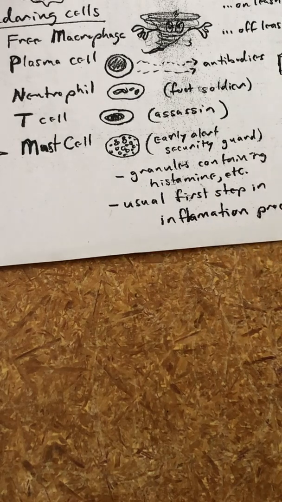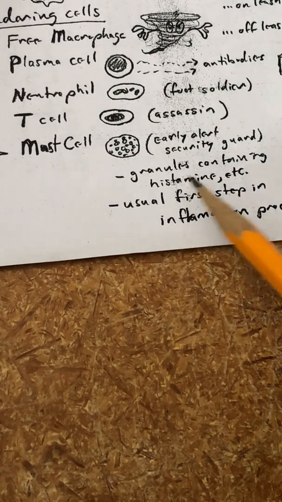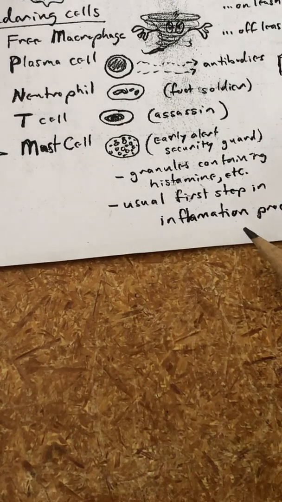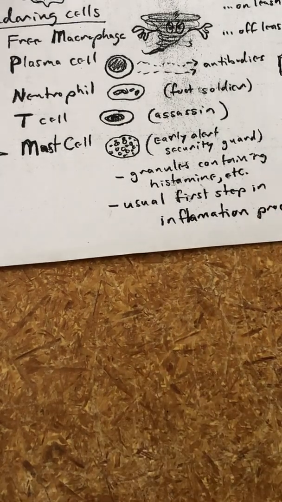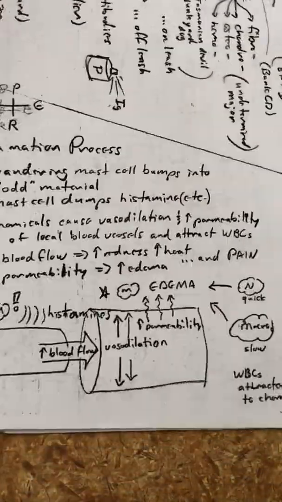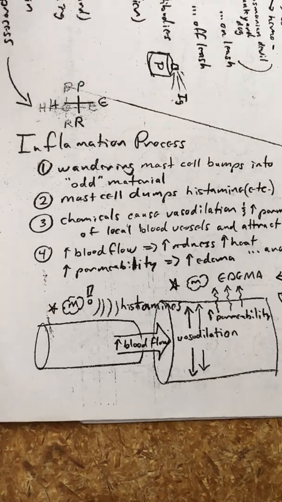And when they do bump into something that's wrong inside your body, such as a bacterium or a broken tissue or something like that, they dump the histamine into the interstitial fluid. And the histamine causes a wide variety of effects, including attracting other white blood cells to come in and handle the problem.